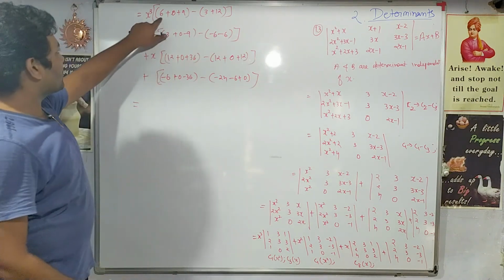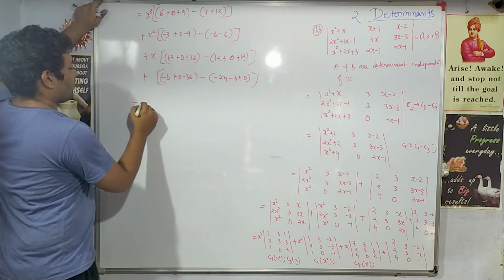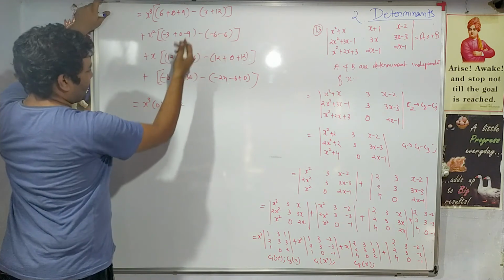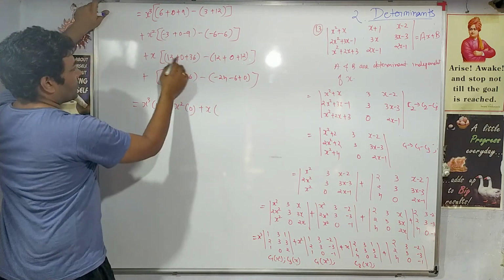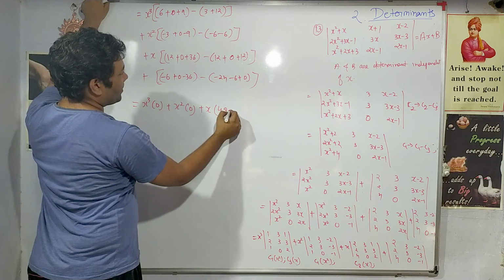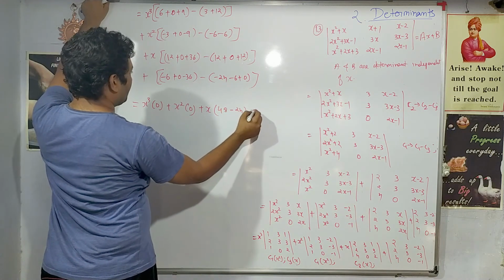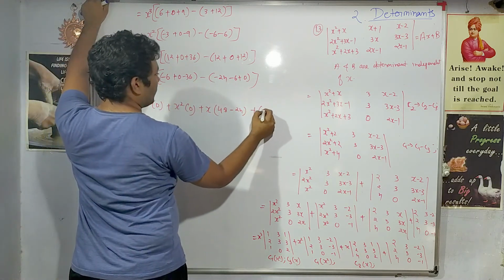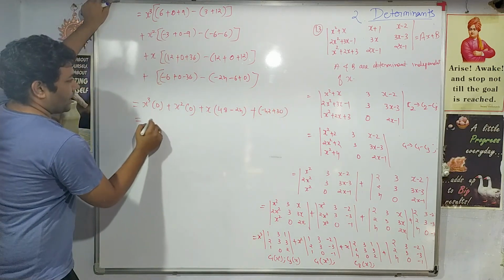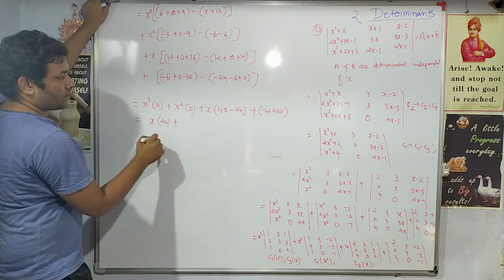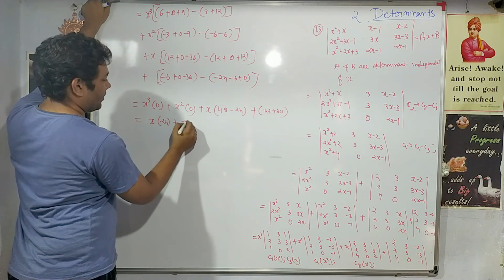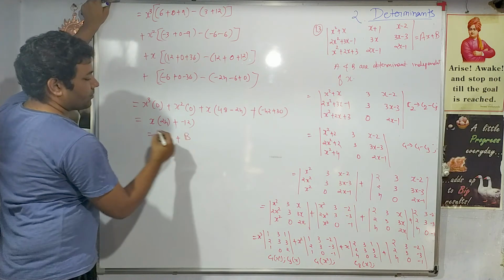So now if I evaluate, 6 plus 9 is 15, 15 0, so x cube into 0, plus x square into this will give 12, and 12 plus 12, so this will again also be 0, plus x, this will give me 48, 48 minus 24, and plus this one give me minus 42 and minus 30, so plus 30, so x into 24 plus this one will give me 12 minus 12, so this is in the format of ax plus b, correct?